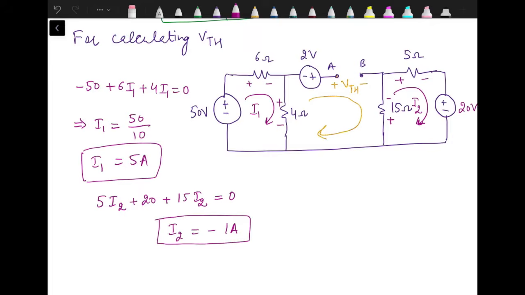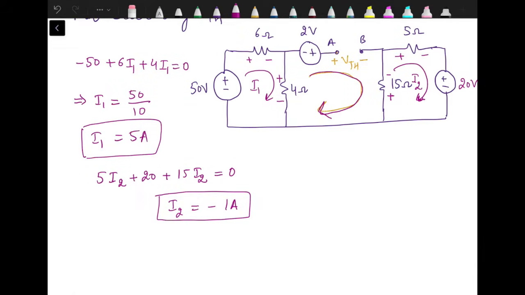After this, we can apply KVL to this open loop. If I start with the 2 volt source, then minus 2, then the positive terminal of VTH, plus VTH. Then we have the drop across the 15 ohm resistance.